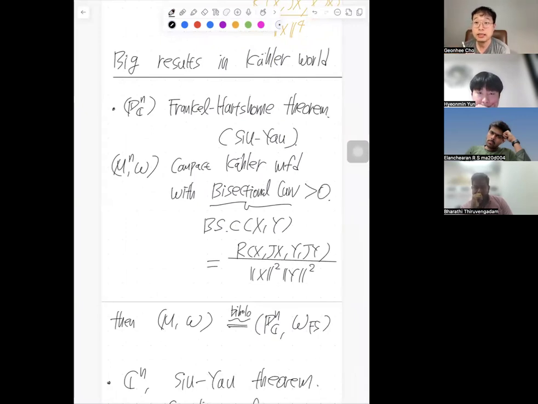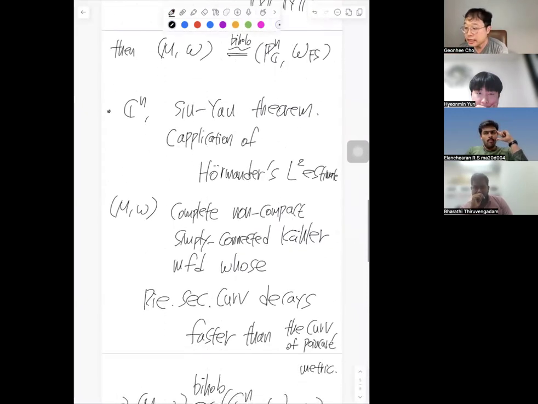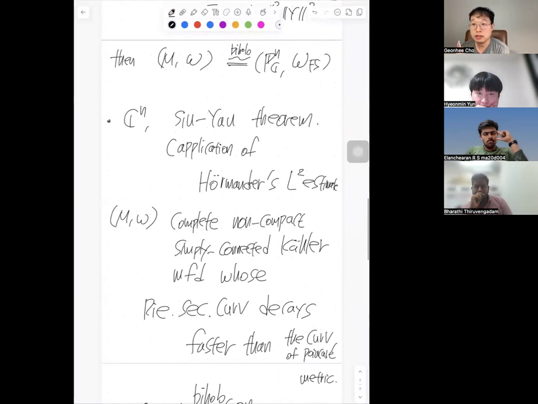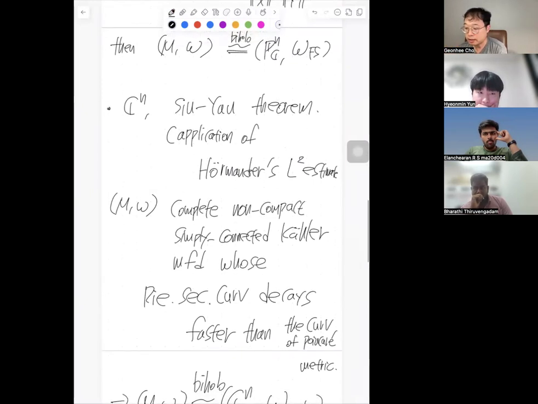It's a compact Kähler manifold with bisectional curvature being positive. There's no other space other than CP^n. So we already have this big result. For C^n, it just requires the curvature decay condition better than the Poincare metric, because the zero curvature is different from the negative curvature. That's fine. And still we have a characterization as an application of a vector estimate.